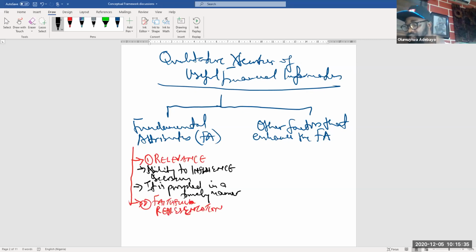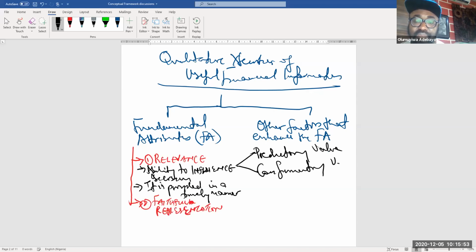Any information that would neither give me a predictive value and or give me a confirmatory value will not be considered to be an information that can influence me or provide information to me in such a way that it will direct me in the course of making a sound decision.